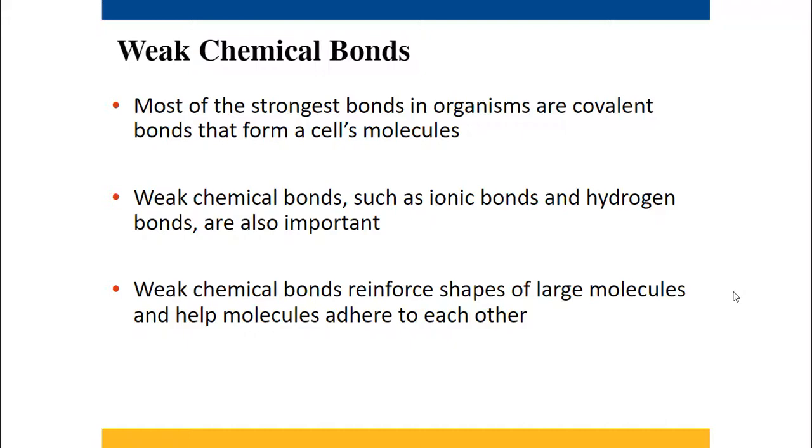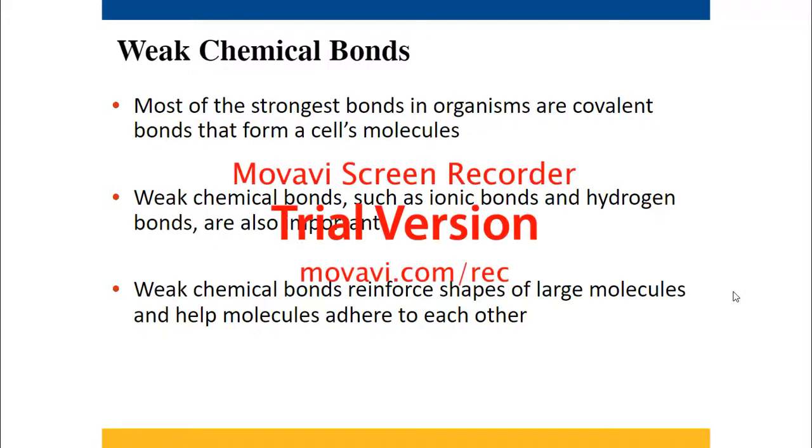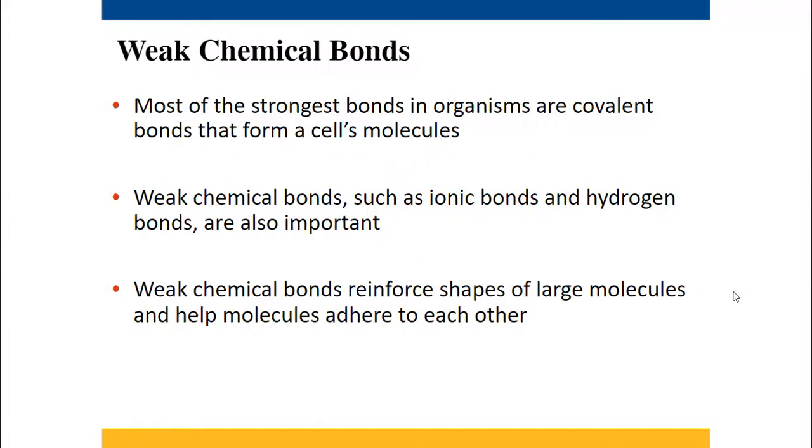All right, very important. And then ionic bonds is when you have something like sodium and chlorine. Remember, chlorine has 7 valence electrons, sodium has 1. So the chlorine is going to take the 1 electron from sodium, so that chlorine now has 8.